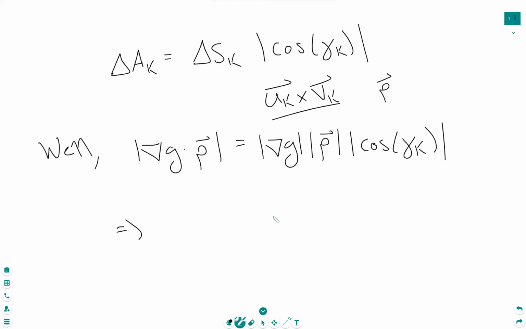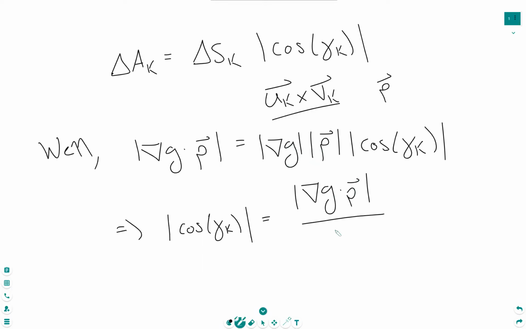Now, we're choosing p to be a unit vector, so its magnitude will just be 1. So all we need to do is just divide this thing over, like so.